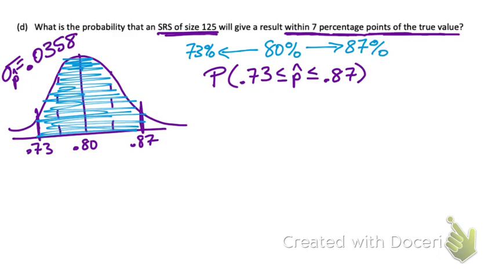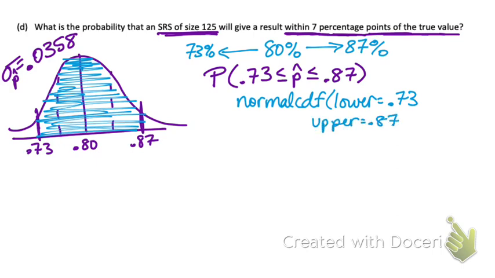We're going to go ahead and plug it into normal CDF. Lower boundary is 0.73. Upper boundary is 0.87. The mean of the p-hat distribution is 0.8.